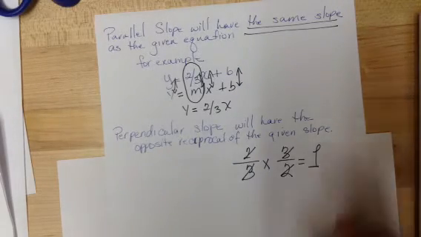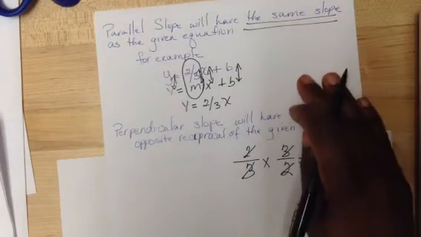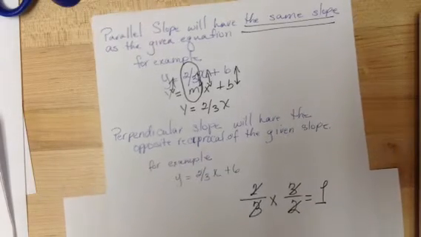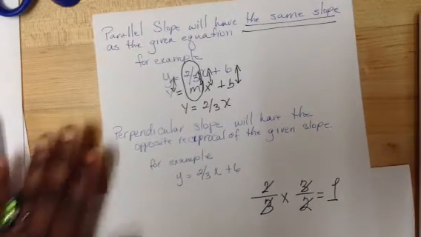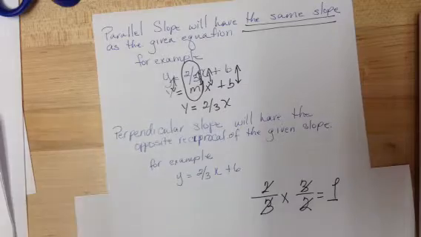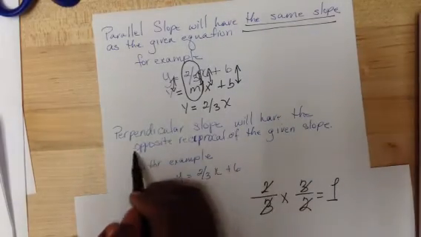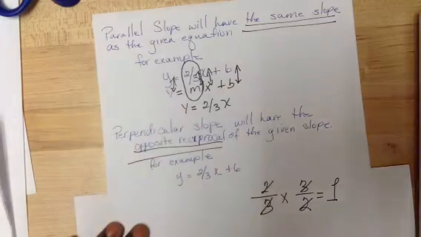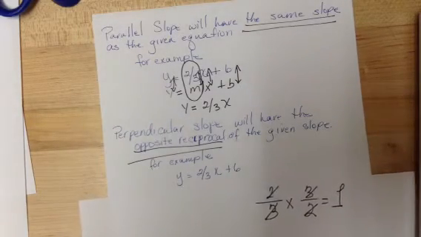So let's go back to our perpendicular slope. Now, when we're talking about the slope of a line referencing perpendicular, remember, I'm looking for the opposite reciprocal. And we went over opposite by definition.